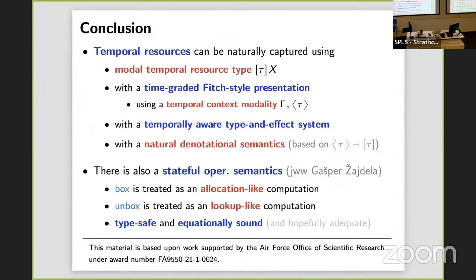Thank you for your talk. Here you use a time-graded modality to control the time for operations. So I wonder whether it is possible to replace it with some other modalities. For example, you can specify how many times the handlers can use its continuation or something similar.